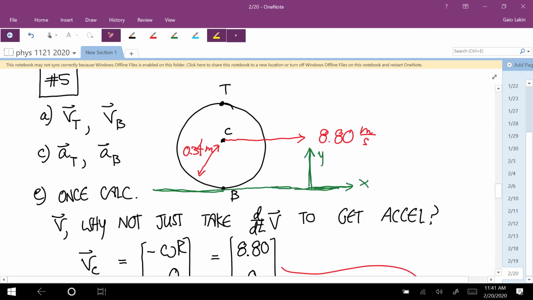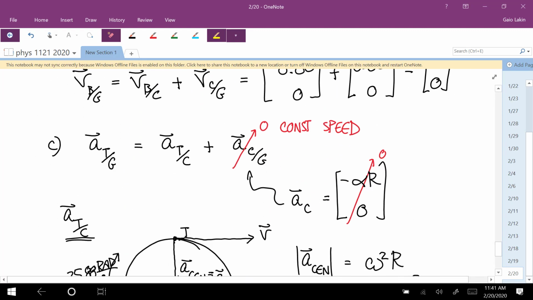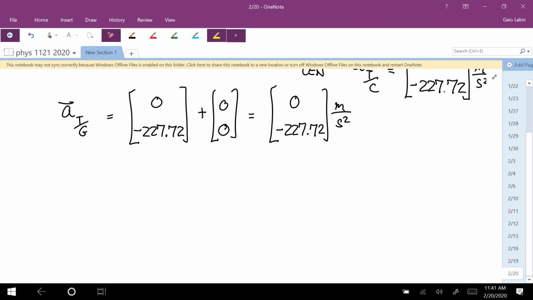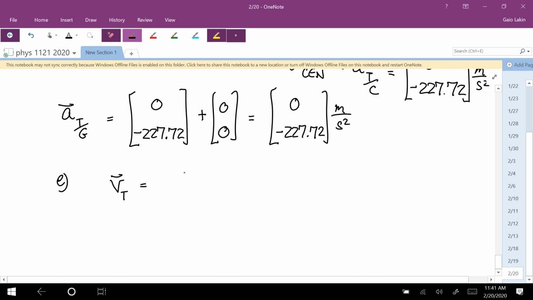So part E said, okay, so we got a velocity vector. So let's say for the top, we calculated that the velocity vector of that top point is equal to positive 17.600, okay?